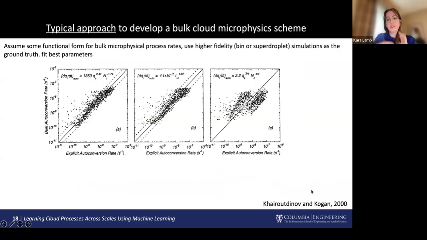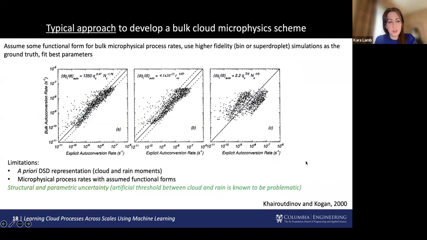How those power laws are determined is generally something like, in Khairoutdinov and Kogan, they took an LES simulation with a bin microphysics scheme to explicitly determine these autoconversion and accretion rates. And then they looked at coming up with bulk autoconversion rates that optimally fit the explicit autoconversion rates in order to determine the correct power law relationships here.